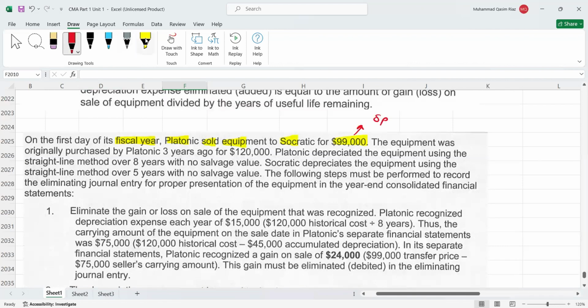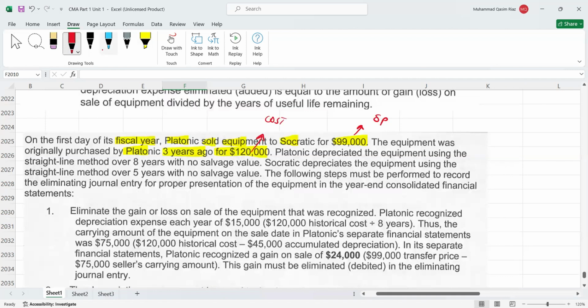The equipment was originally purchased by P 3 years ago, and at that time P paid 120,000. This is the cost of the asset sold.